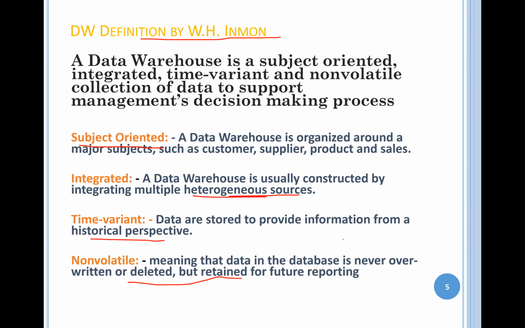It will decide based on the previous data. So they will do all the forecasting by analyzing the previous data, and for that they use a huge volume of data, mostly from data warehousing. We are taking a non-volatile collection of data to support the management decision-making process. So that's what we'll go for.